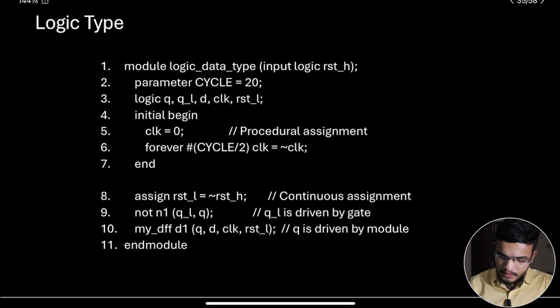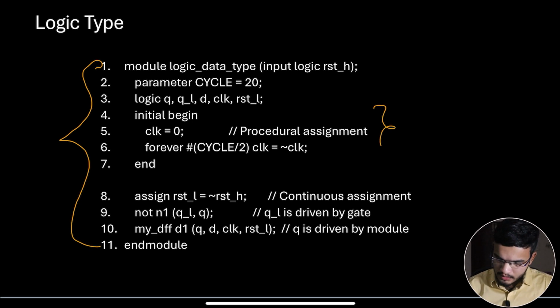So here you can see a simple example where you have a procedural assignment. We will see in our upcoming lectures what continuous assignment and procedural assignment are. Whatever you write in this block comes under a procedural assignment.